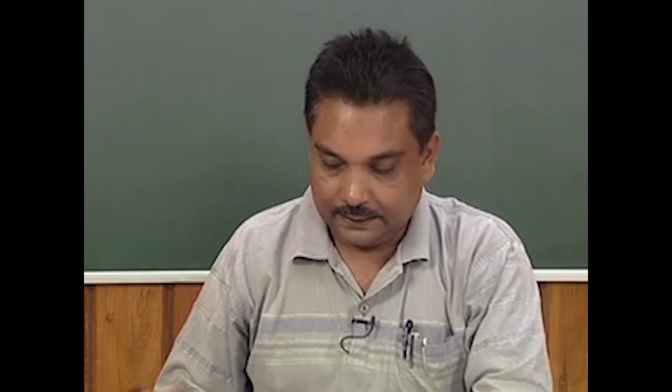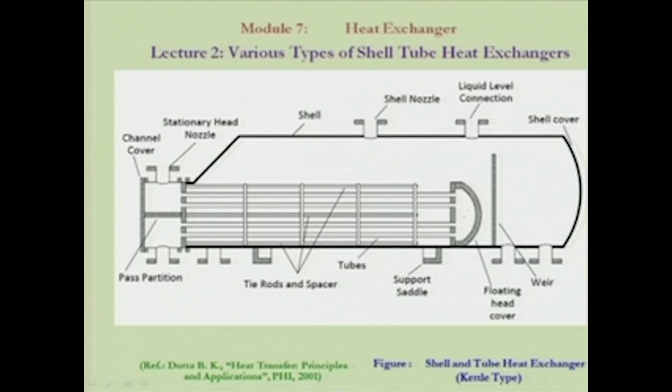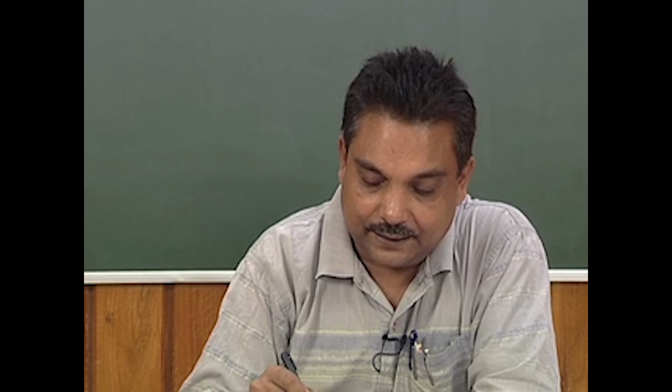Now, in this case, the kettle type reboiler has a floating head device, and this impingement plate helps so that no liquid is drained with the vapor. Now, in addition to this, there are some other kinds of reboilers or heat exchangers. One is called thermosiphon reboilers.